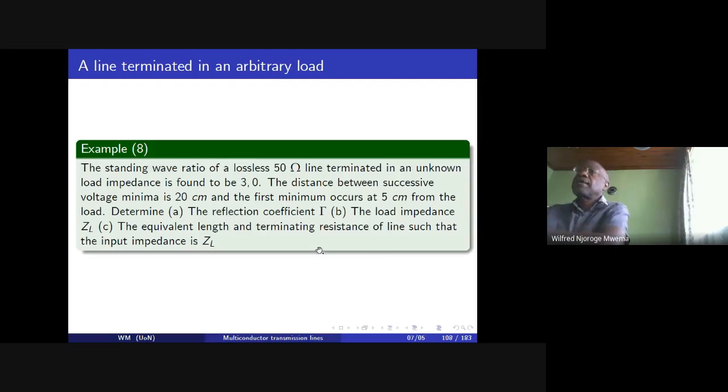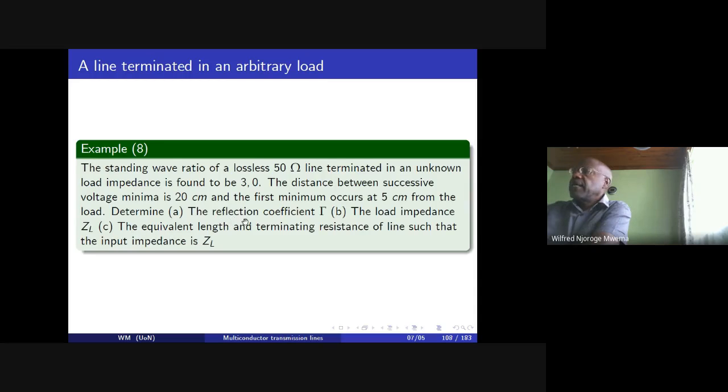So an example now. The standing wave ratio of a lossless 50 ohm line terminated in a non-load impedance is found to be 3.0. The distance between successive voltage minima is 20 centimeters, and the first minimum occurs at 5 centimeters from the load.